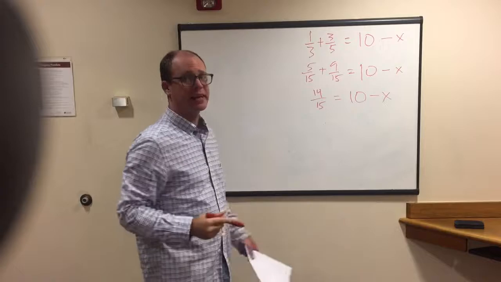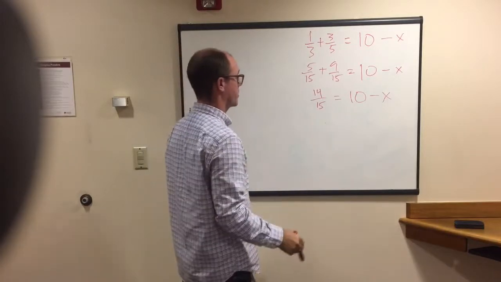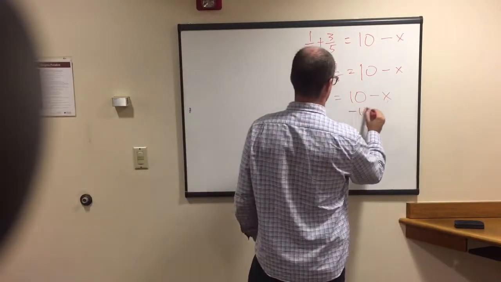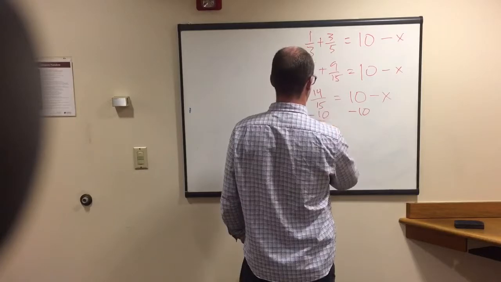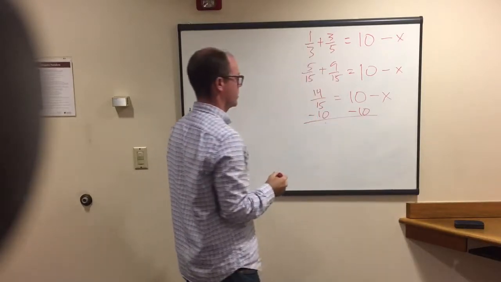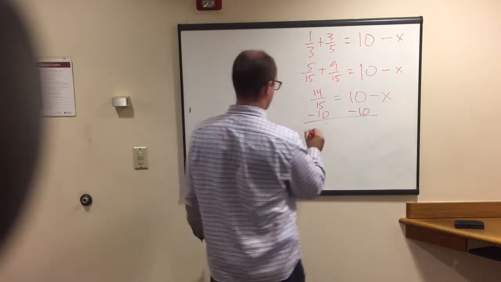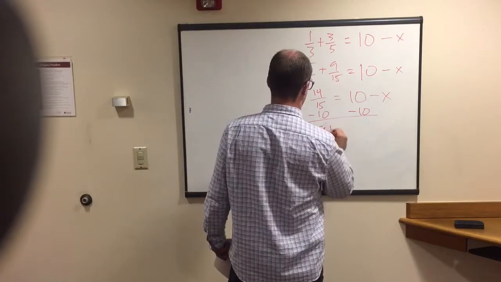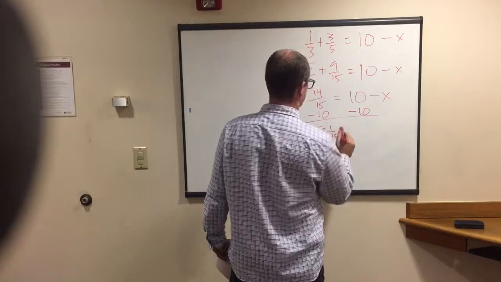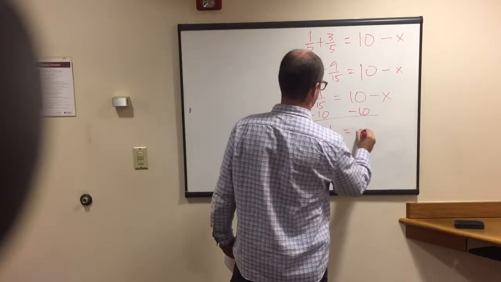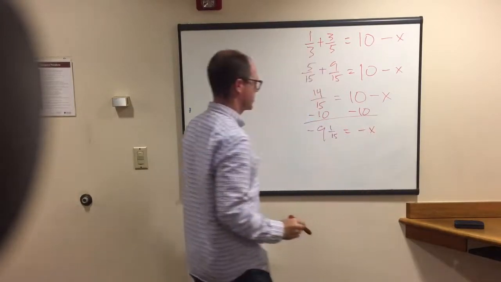Right, now we want to get that x by itself over here on the right side. So I will subtract 10. Okay, so when I subtract 10 from 14/15, it's negative 9 1/15 equals negative x.